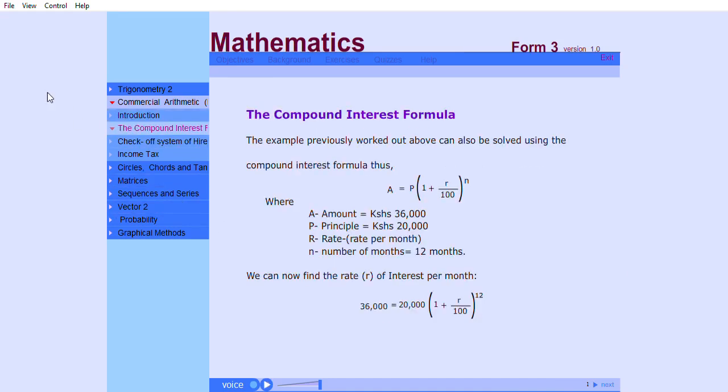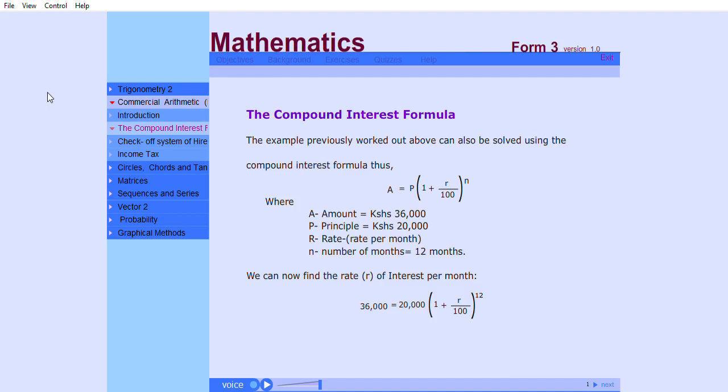The compound interest formula. Using the compound interest formula, amount is given by principal multiplied by, in brackets, 1 plus rate percent raised to power n.